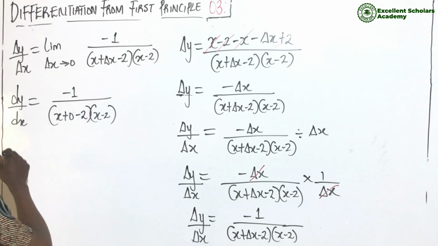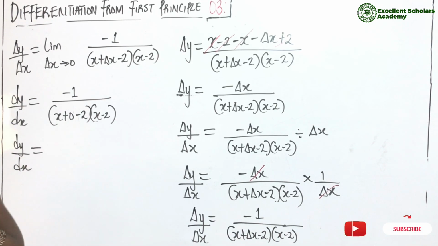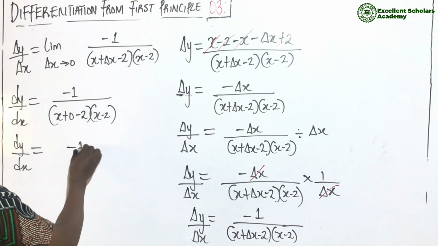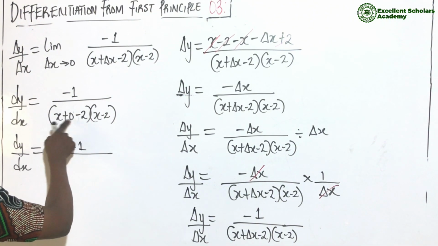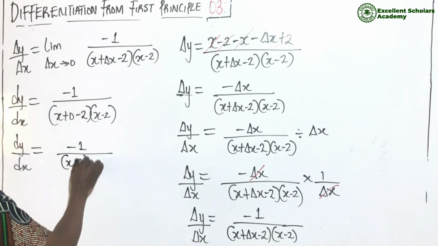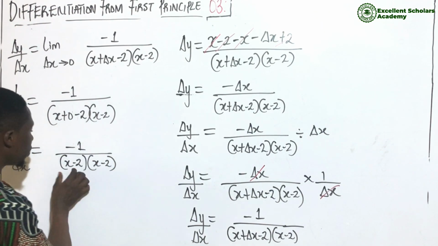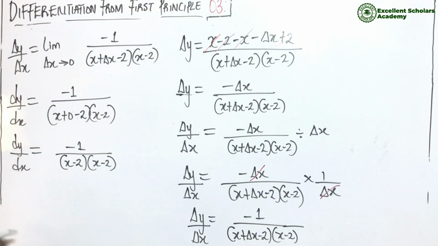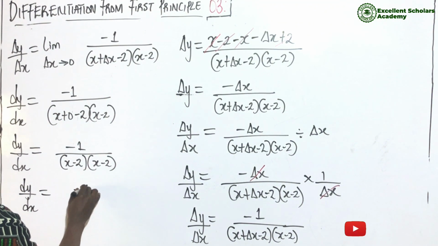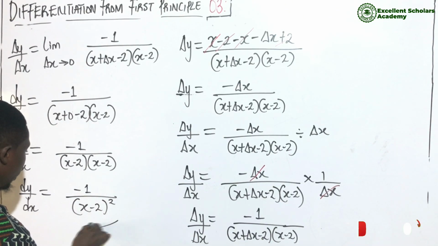Okay, and so this becomes dy dx equals minus 1 over, this is x plus 0 minus 2 gives us x minus 2 and then x minus 2. Okay, so this becomes x minus 2, and then from there we have dy dx to be equal to minus 1 over x minus 2 all squared, and that's our answer.